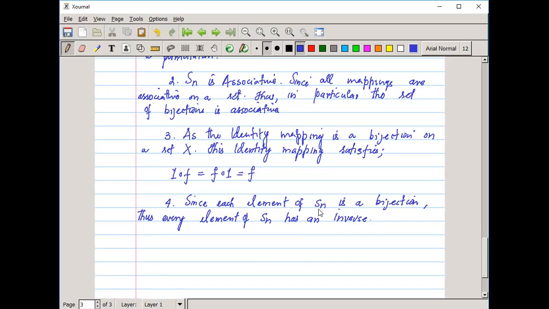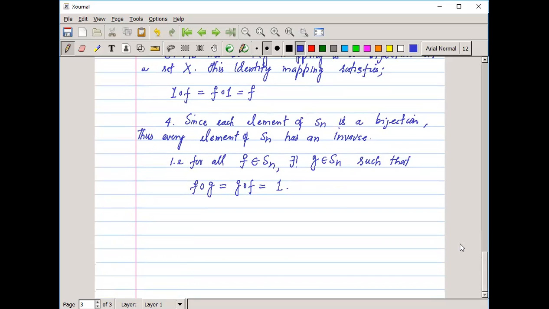And we have that Sn is the set of all permutations on the set X. Therefore, and every element of Sn is a bijection, therefore its inverse will also belong to the set Sn. That is, for all f belonging to Sn, there exists g belonging to Sn, and in fact the inverse of every element is unique, so we can write there exists a unique g belonging to Sn such that f of g is equal to g of f is equal to the identity mapping.